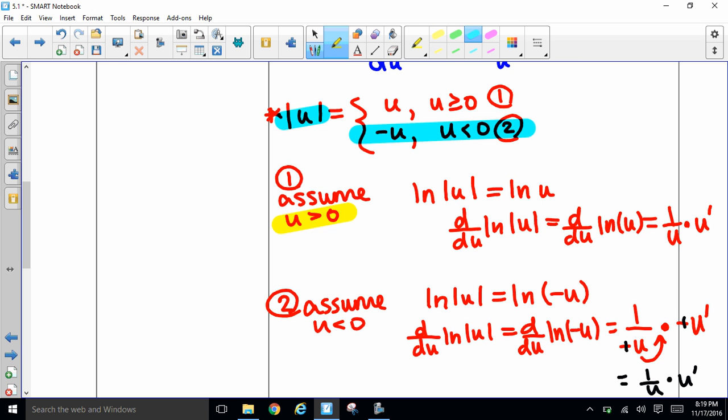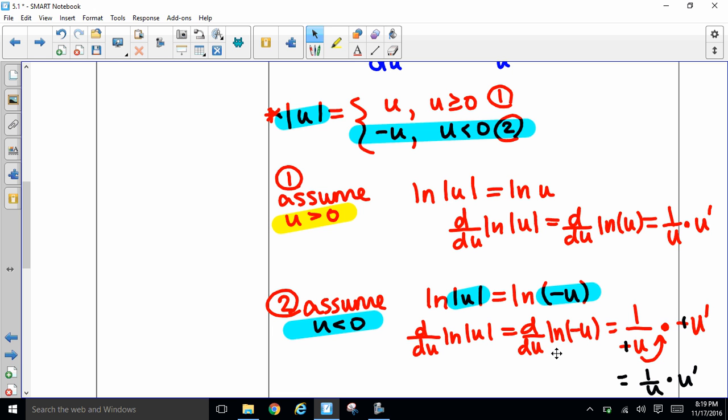Looking back through there, if u is less than 0, then the absolute value of u is equivalent to negative u. We did those splits into different pieces a lot at the beginning of chapter 4, where we talked about how you split that apart. So I'm differentiating the natural log of negative u.